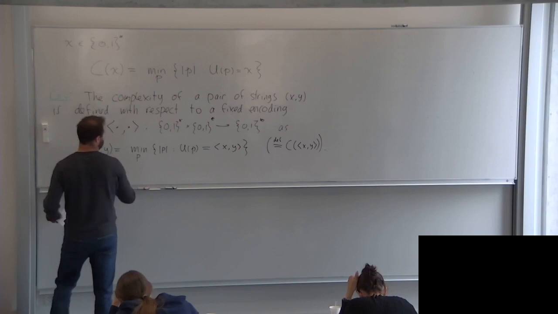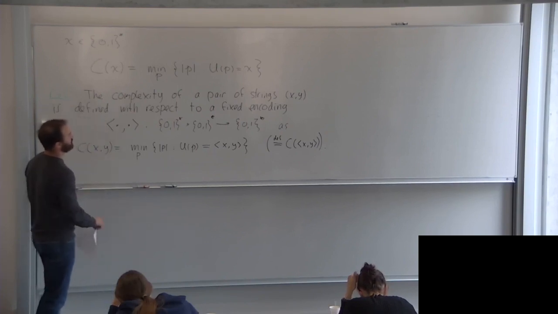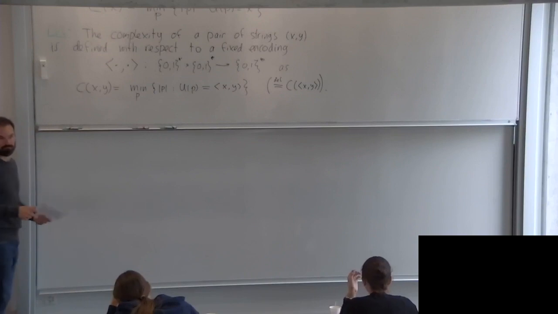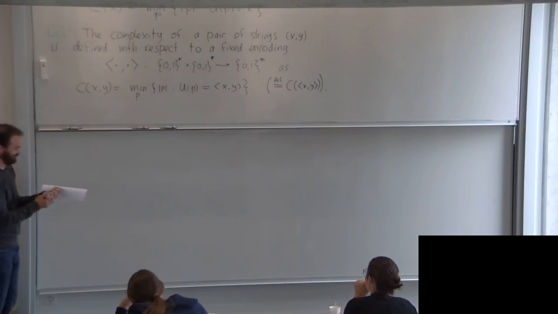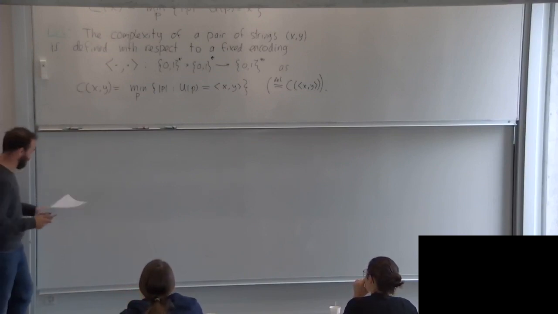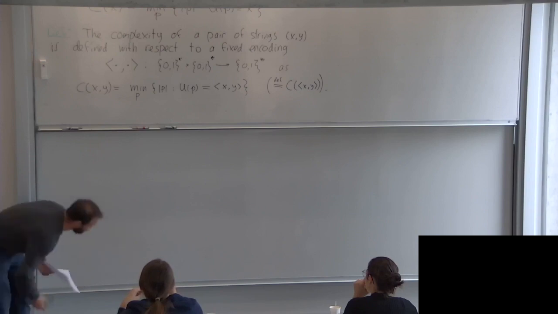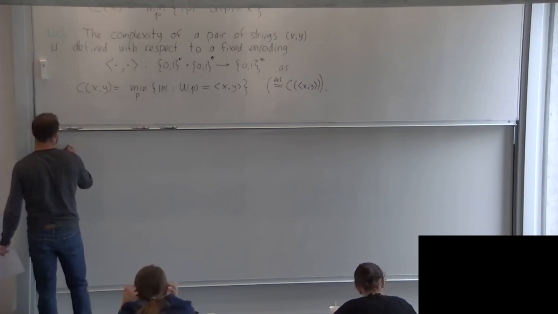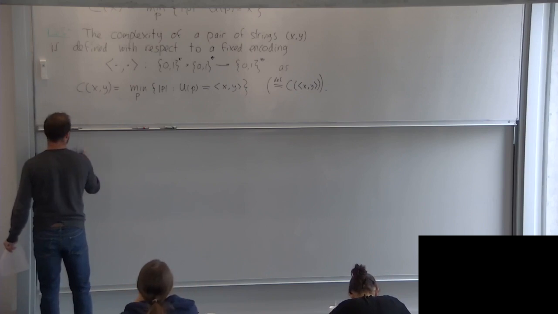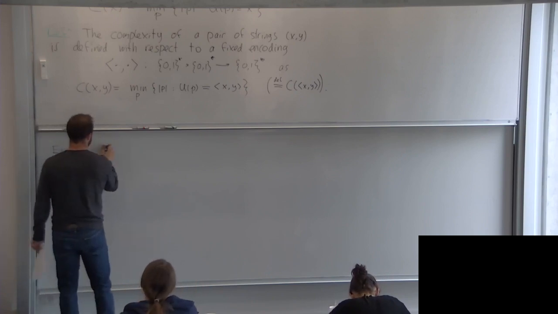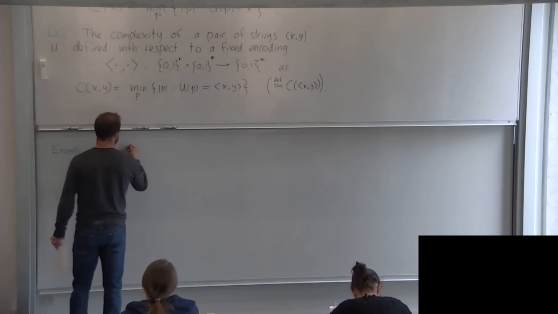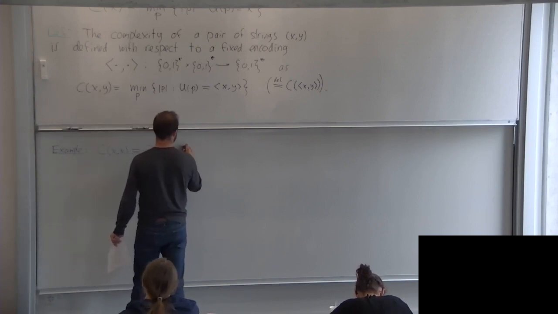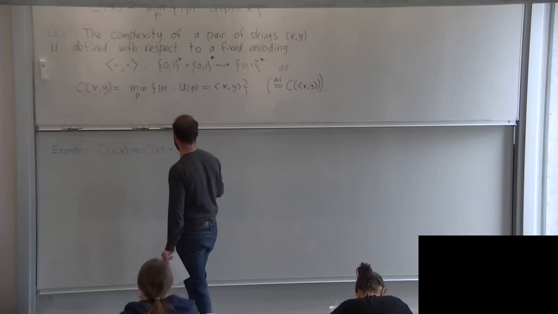Okay, well, we have this definition here, maybe as a game tonight, if you want to play this game, you can verify for yourself that, for example, C of X comma X is equal to C of X plus O of 1.